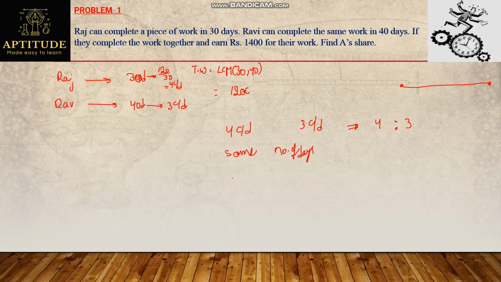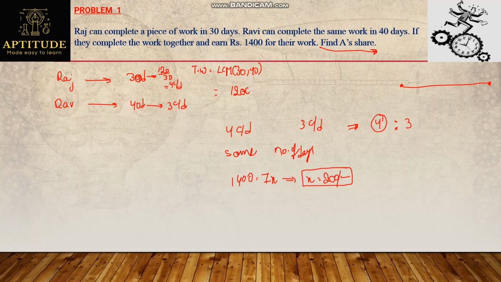So let's divide this 1400 into a total of 4 plus 3, 7 parts, making each part of the salary 200 rupees. And this is not the question here. The question is not finding out each part of the salary, but finding A's share. So A is getting how many parts? 4 parts.